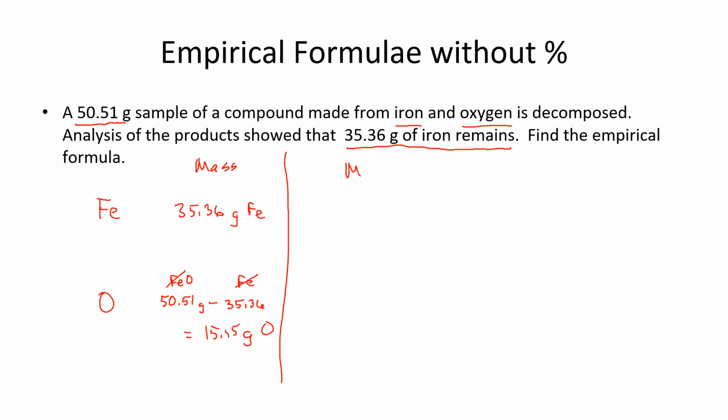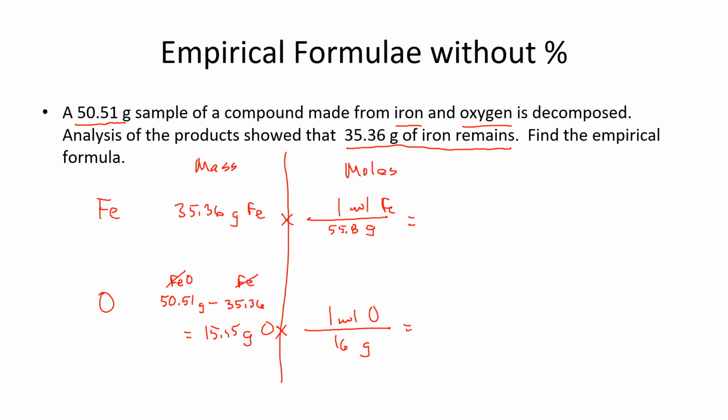Next part we want to do is find moles. So we're going to multiply by the molar mass, or divide as the case may be. So iron has a molar mass of 55.8-ish, 55.8 grams per mole. And oxygen has a molar mass pretty close to 16 grams per mole. And that'll help us go to moles of iron and moles of oxygen.